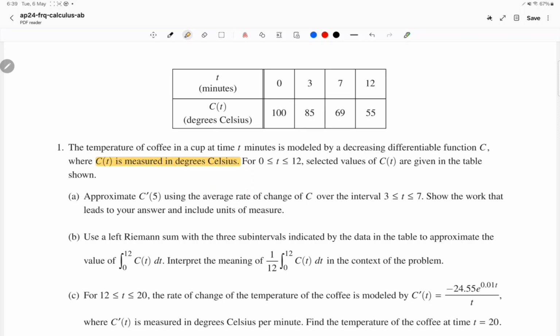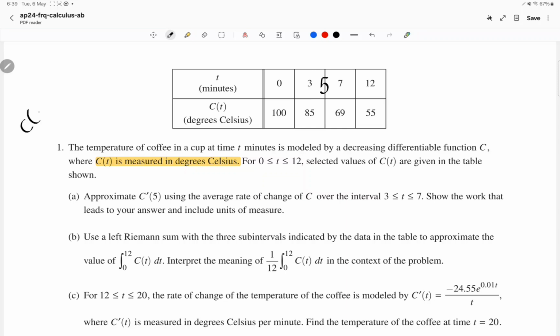Okay. Now, it says here, approximate C prime of 5 using the average rate of change. Now, my question to you is, if you want to approximate the C prime of 5, which points of time would you pick? Do I pick the C of time of like 3 and 7? Exactly.